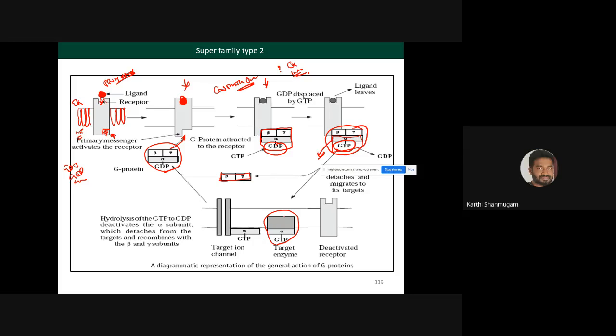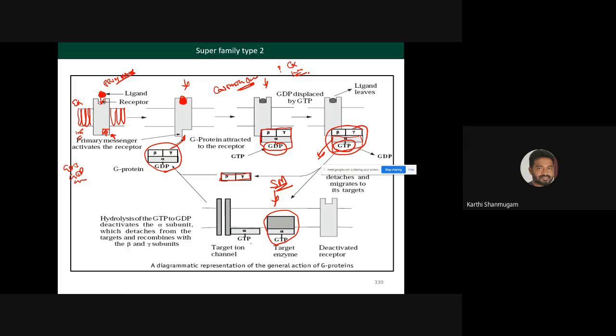Now this system can act as a secondary messenger. It can go and bind to some other ion channel. Already we discussed what an ion channel is. So even through GPCR, the ion channels can be activated.